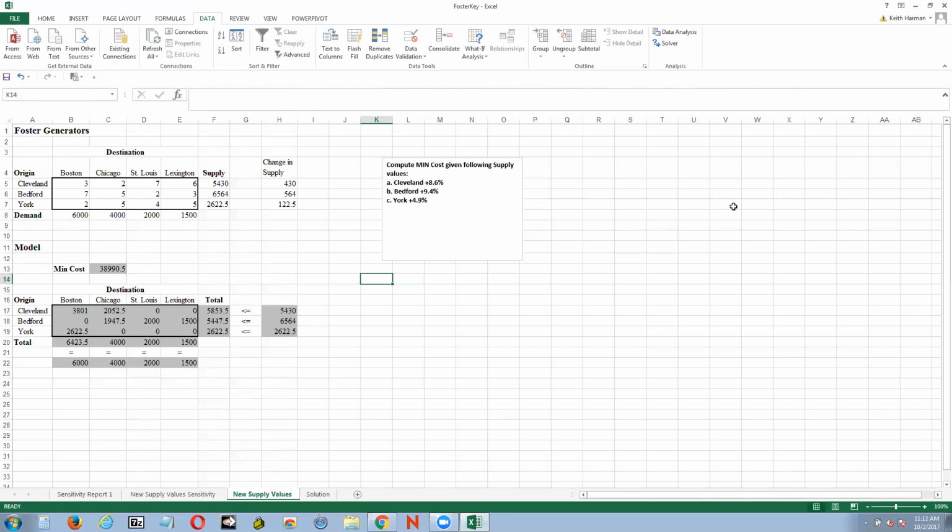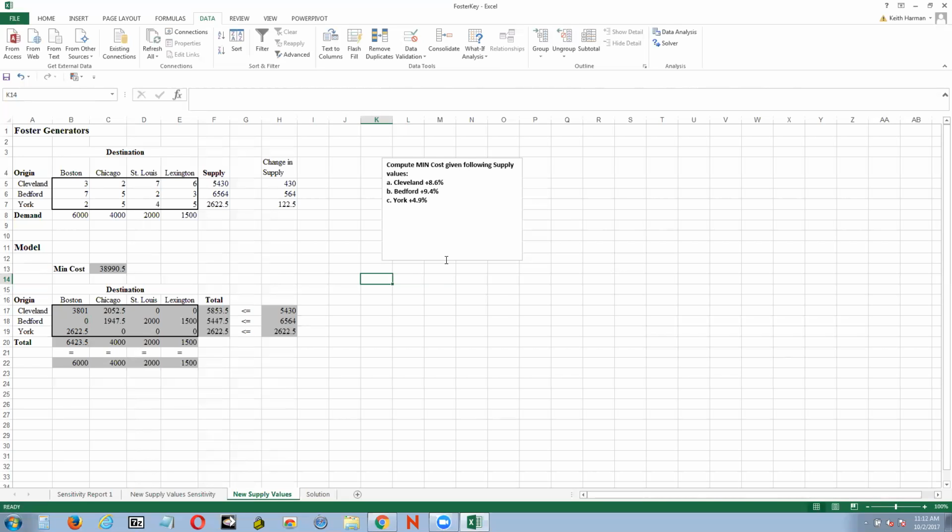So that was Foster, and we find there is a minimum cost there, and we could run a sensitivity report and all that business. But what we found is that when we change the supply levels, the costs go up.